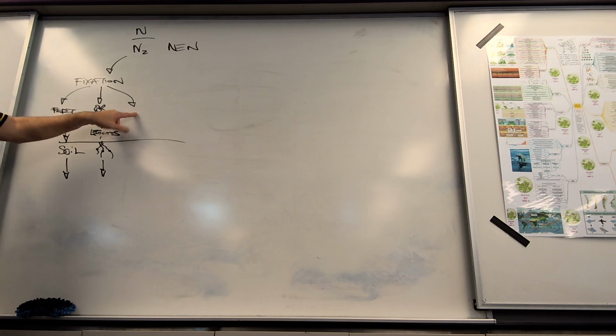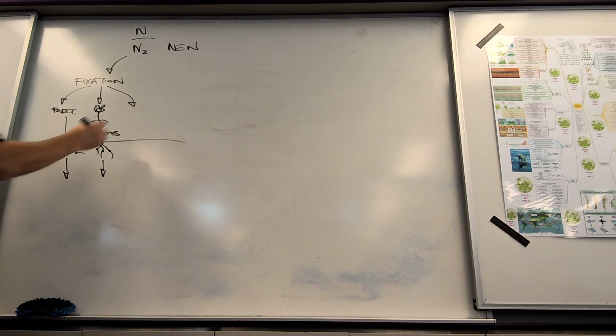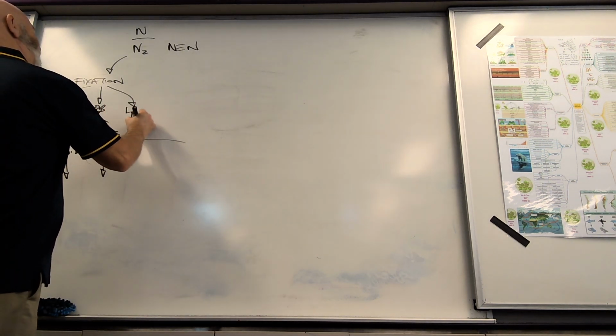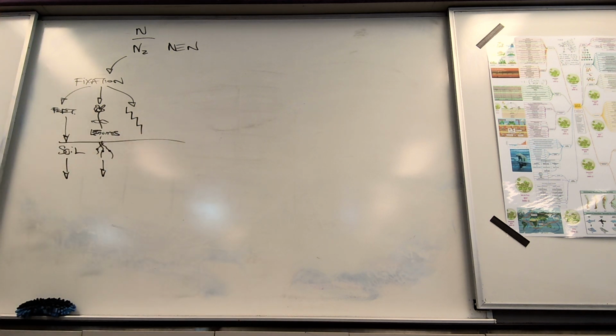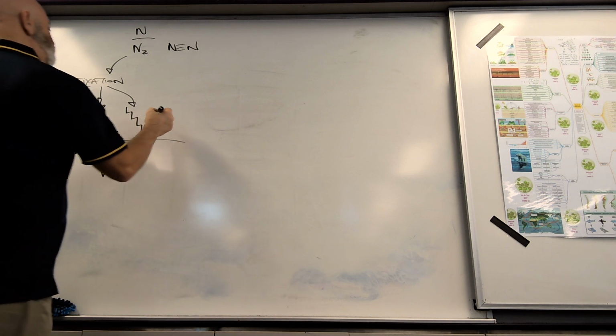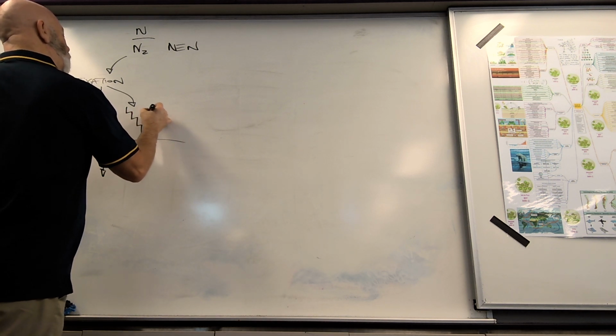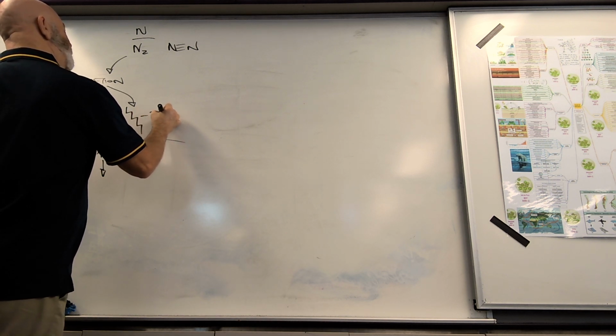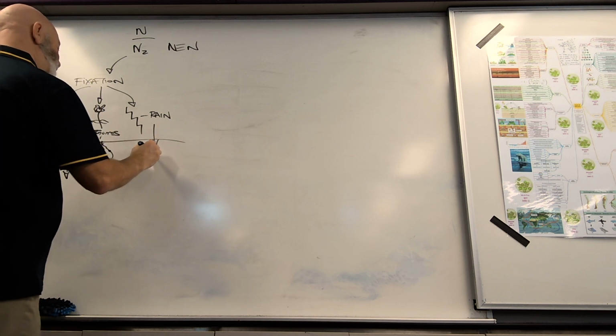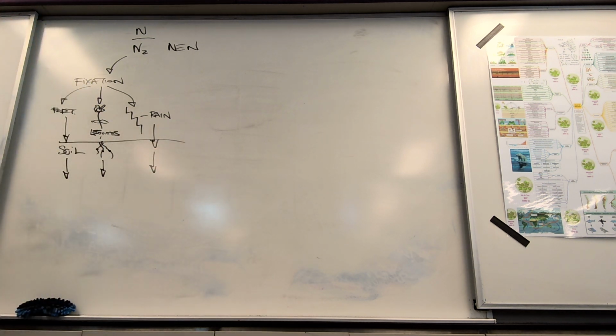The last one is called atmospheric fixation, and this is lightning. Lightning is very, very hot. It breaks the triple bond of nitrogen and the double bond of oxygen. They recombine, and it makes nitrogen compounds that fall in the rain. So they are the 3 types of fixation, or the ways that nitrogen enters an ecosystem.